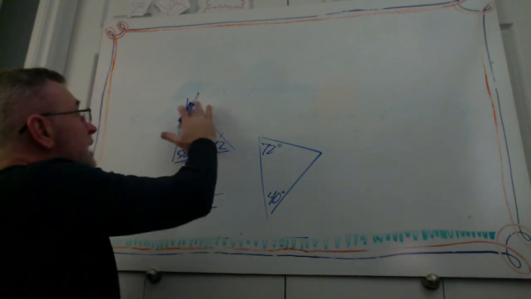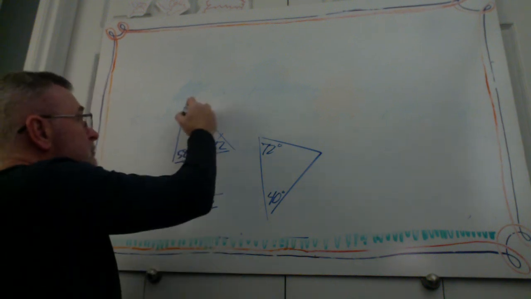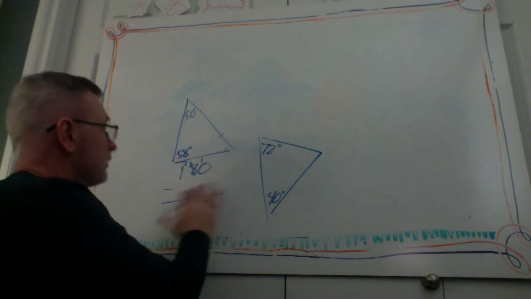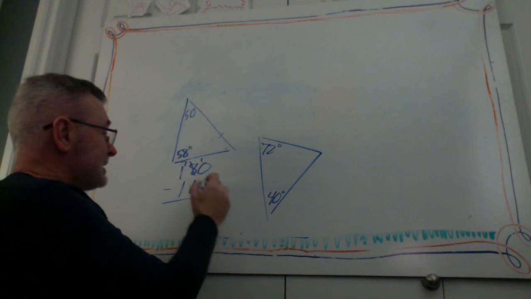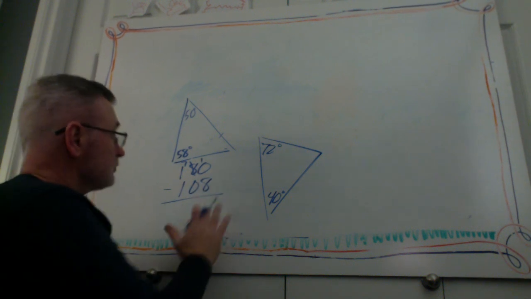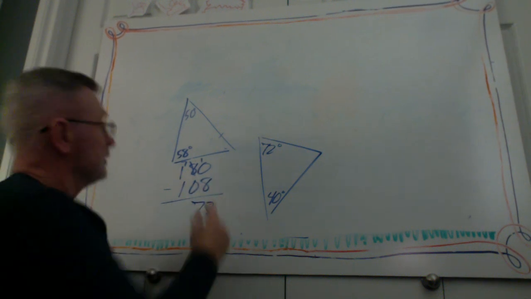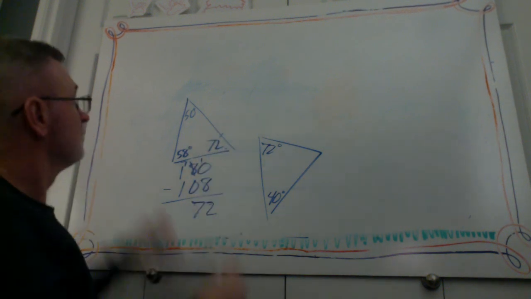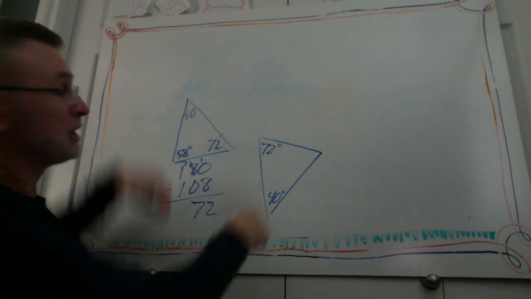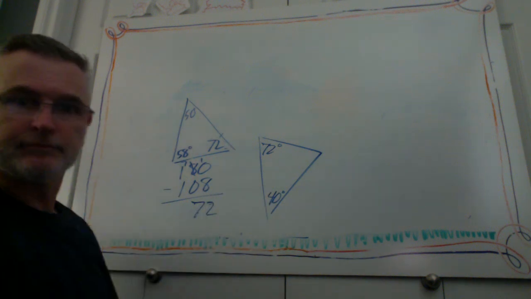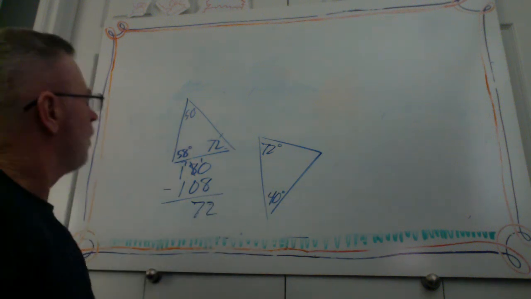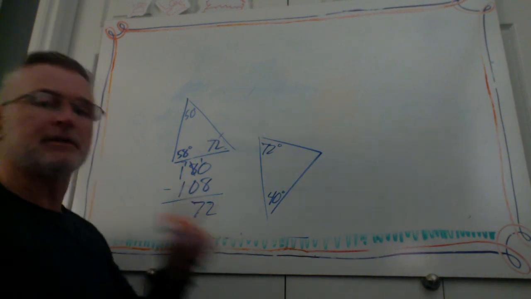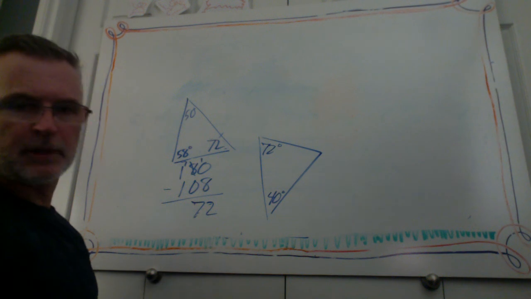If this over here had been 50 degrees, and when I took 108 away, I got 72, and this was 72 degrees now, they still don't match. It's not going to work. All three of them need to match, or two of them need to match so that the third one falls into place as well.